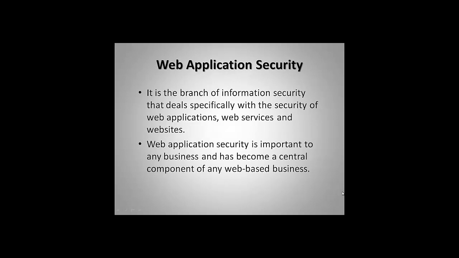We have seen what web application vulnerability is all about. Web application security now is that branch of information security that seeks to address those vulnerabilities present in web application. That is, it's a branch that focuses more on the security of web applications, web services, and websites.